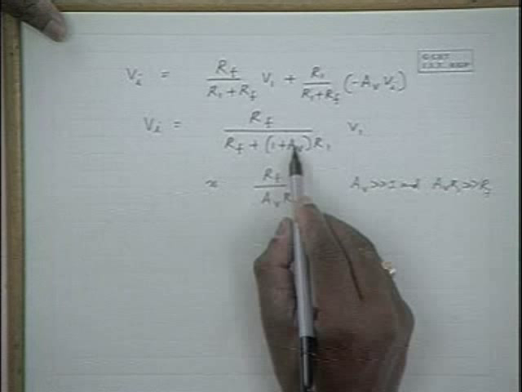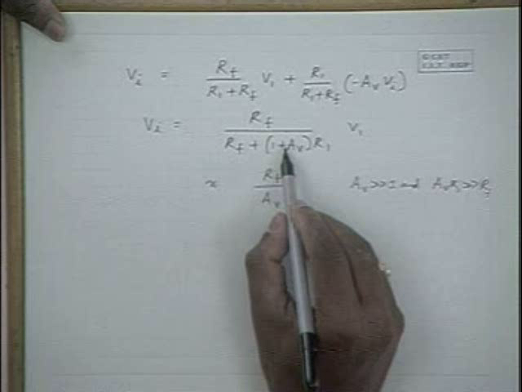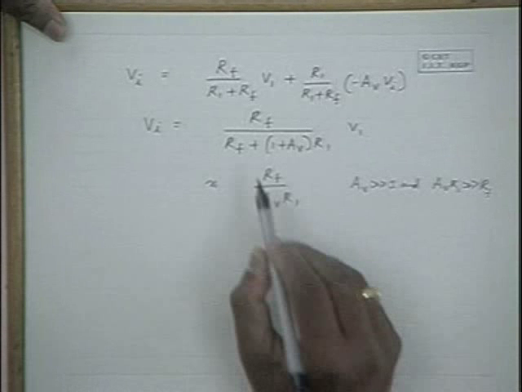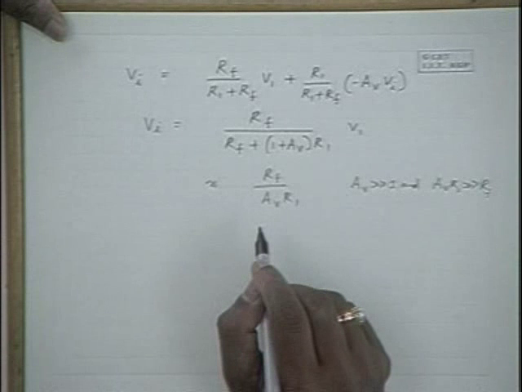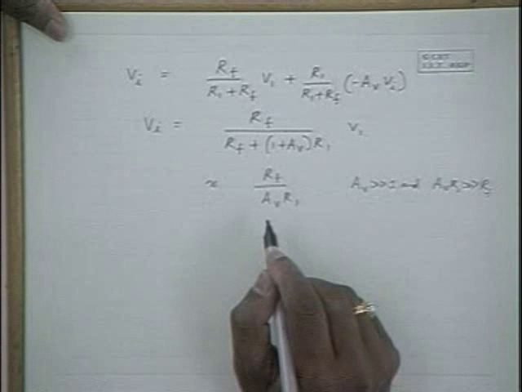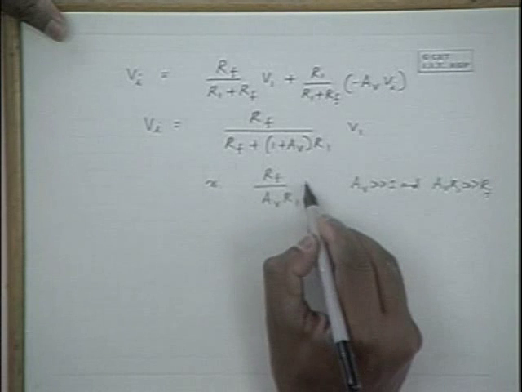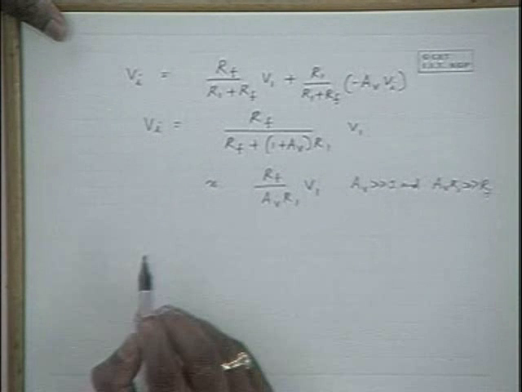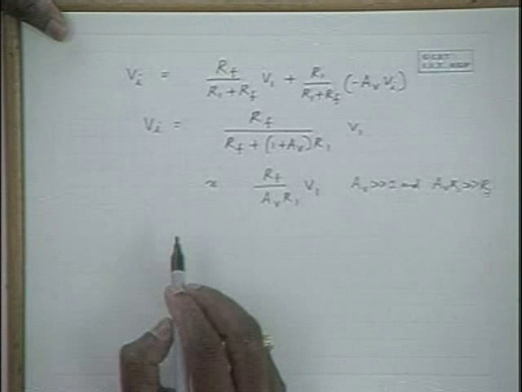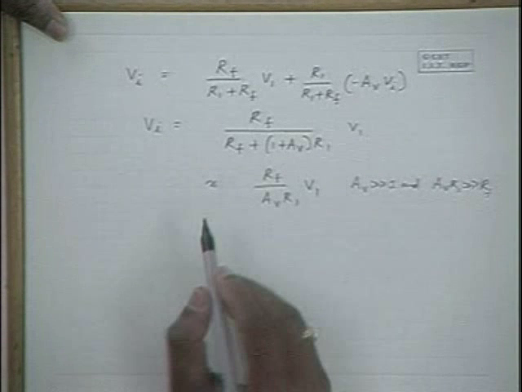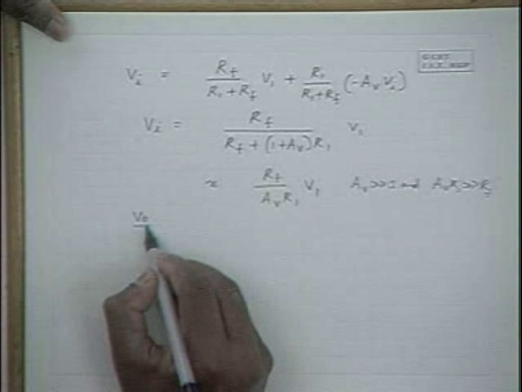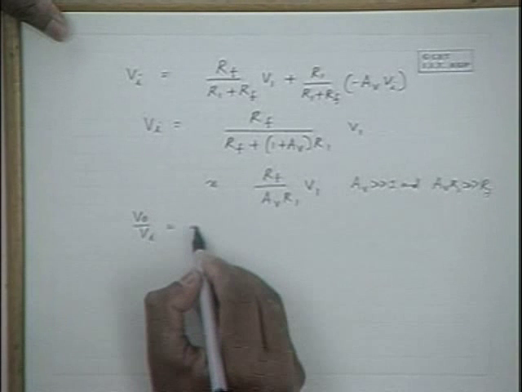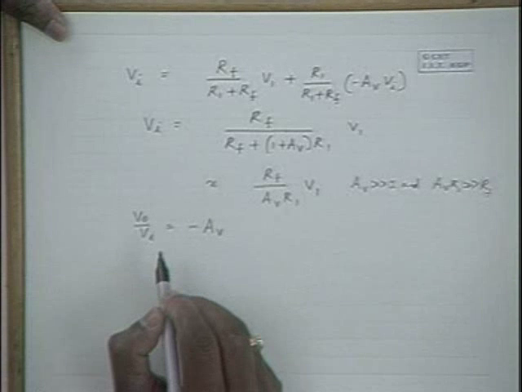When these two conditions hold, this can be approximated as RF by AV into R1 into V1. Now we get V0 by Vi. So V0 by Vi is actually minus AV itself.